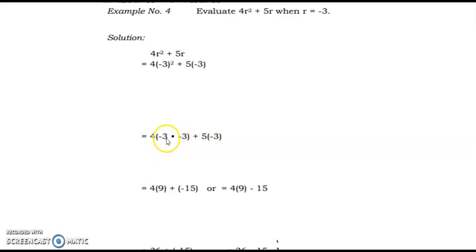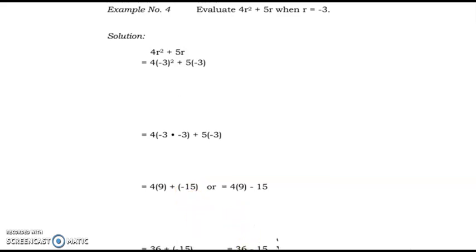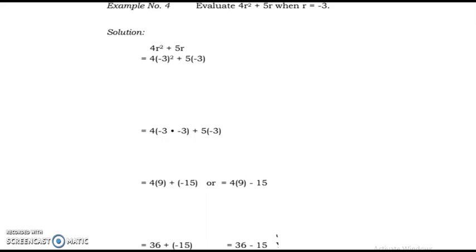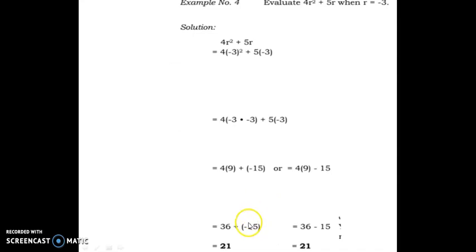So just copy 4, -3 times -3, that's +9. Copy the plus sign. 5 times -3, that's -15. That's the rule. Positive and negative multiply, the answer is negative. Then we have 4 times 9 plus -15.